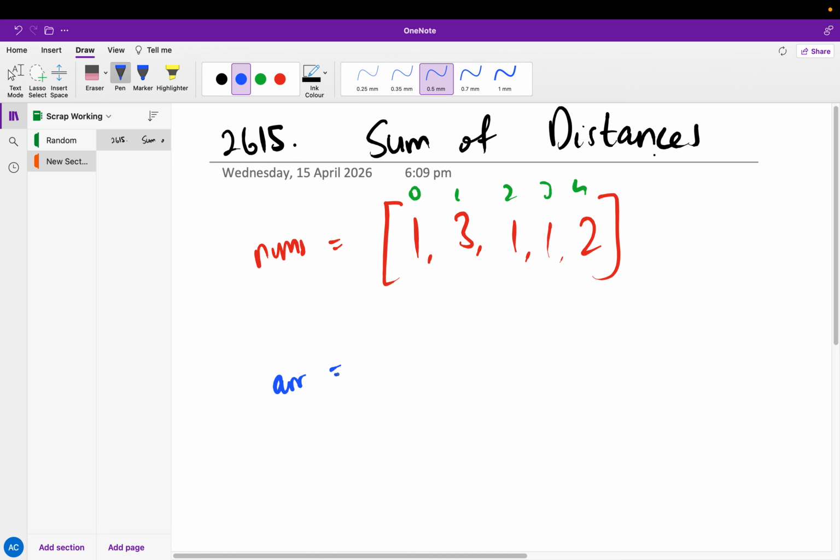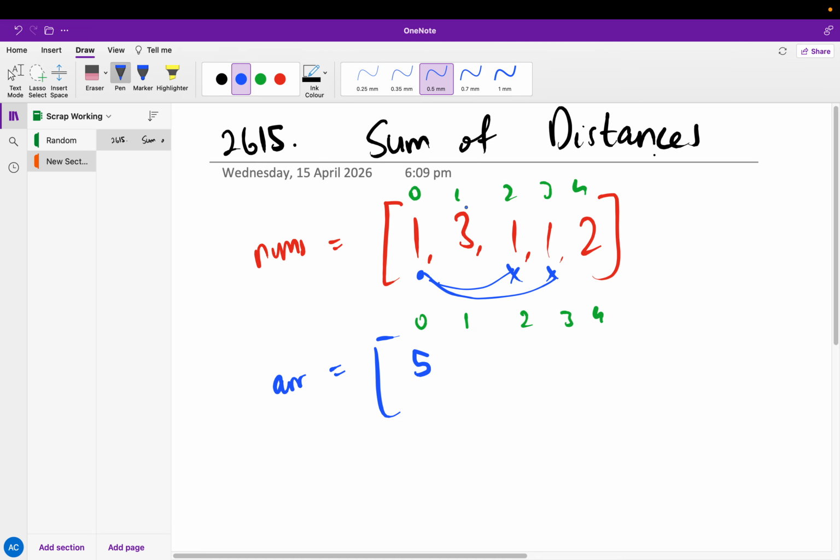The output array will be the same length. If I focus on index 0, I'm looking for all the places that also have a 1, it's here and here. I get those distances, so 2 and 3, so the sum of that is 5.